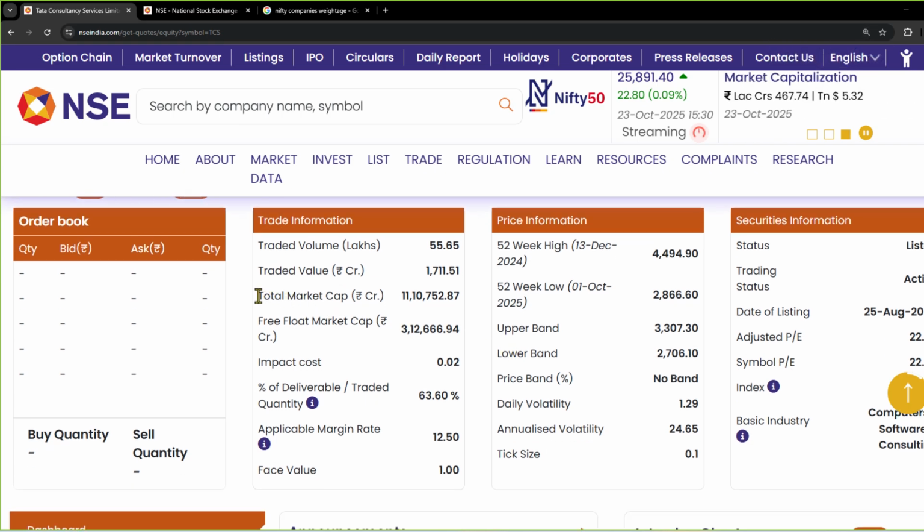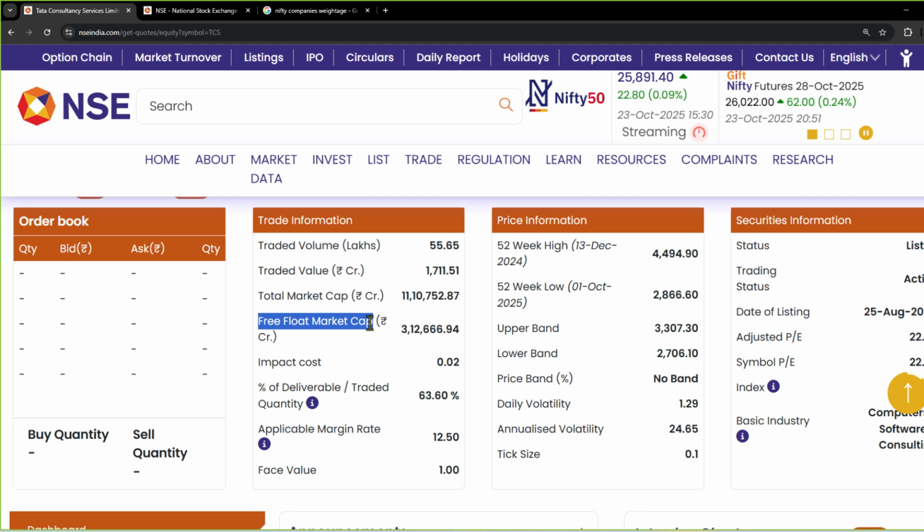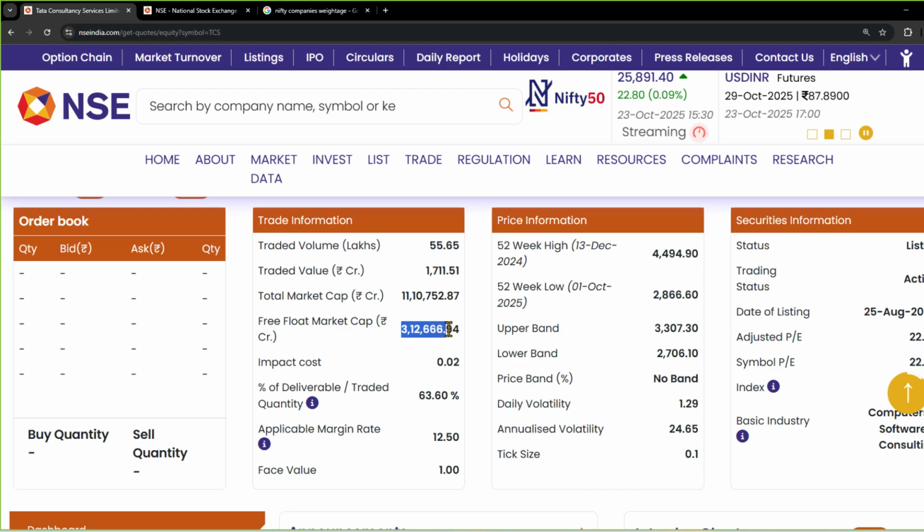Here you can see that the total market capitalization of TCS is this much, and this is in crores of rupees. Okay. Down below you have the free float market cap, and the free float market cap of TCS is this much, and this is also in crores of rupees.